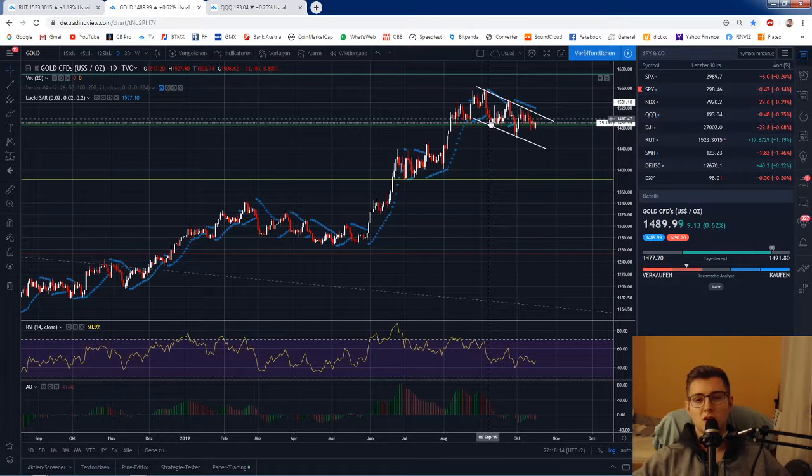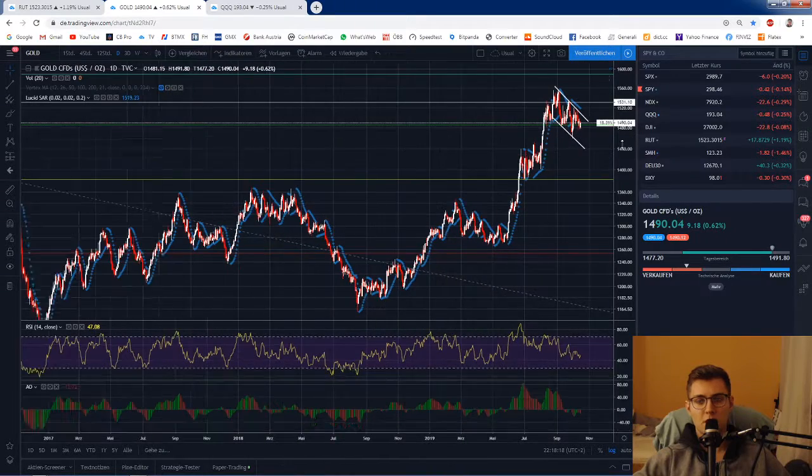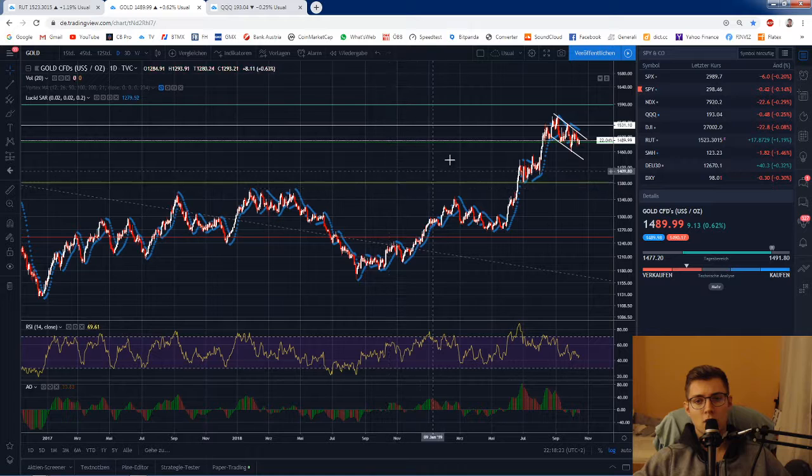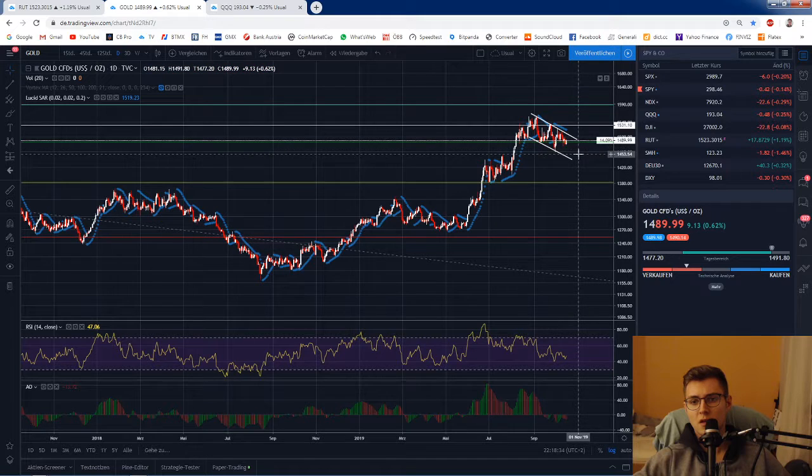I won't take this leap of faith. We still can retest the area of $1,450. Yet I think this is a sufficient retest around 60.